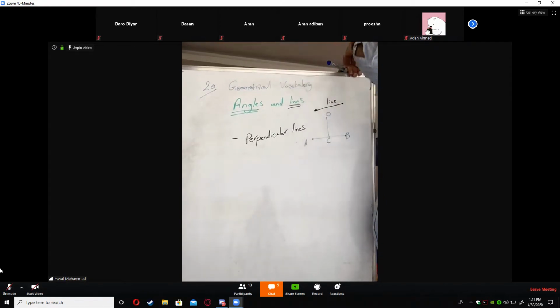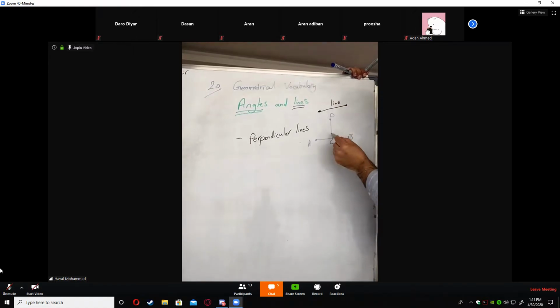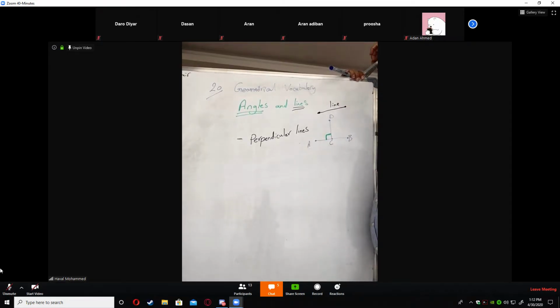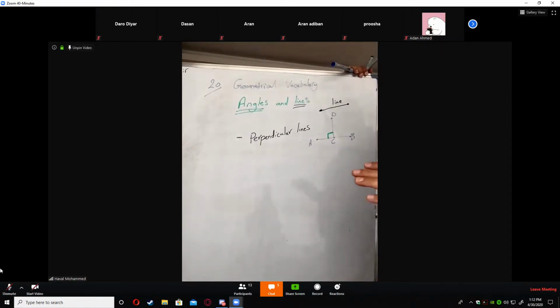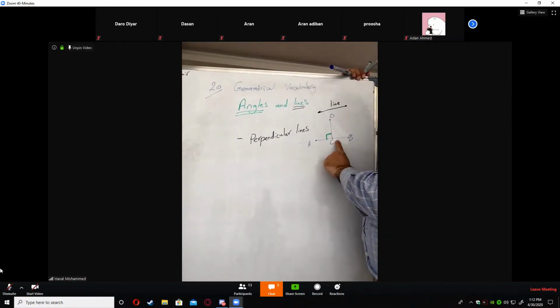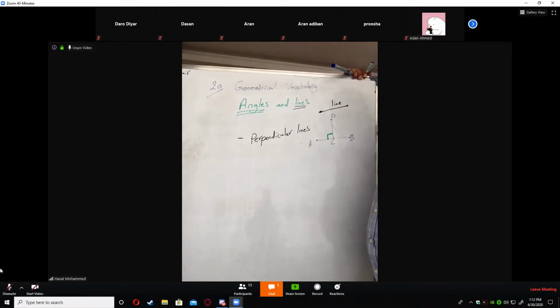When there is 90 degrees between them, we say AB is perpendicular to CD, or CD is perpendicular to AB. It's the same. Is it clear what a perpendicular line is?